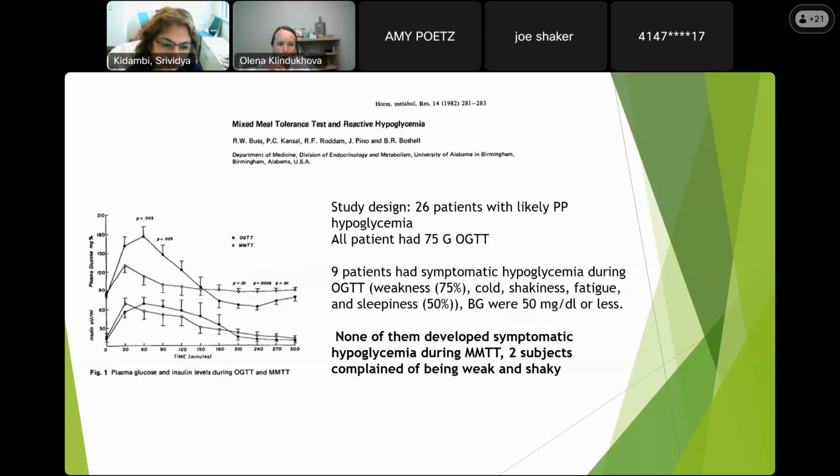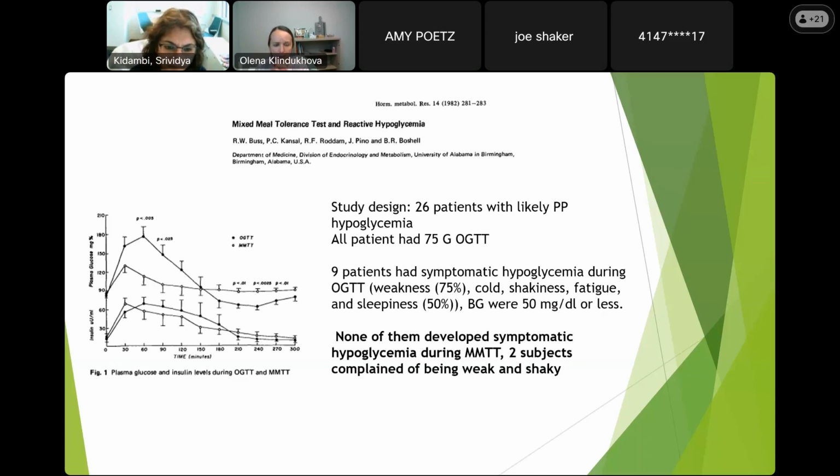Out of these 26 patients, 9 had symptomatic hypoglycemia during OGTT, with associated symptoms and blood glucose below the cutoff of 50. When the same patients had a mixed meal tolerance test, none of the patients had hypoglycemia in this study.